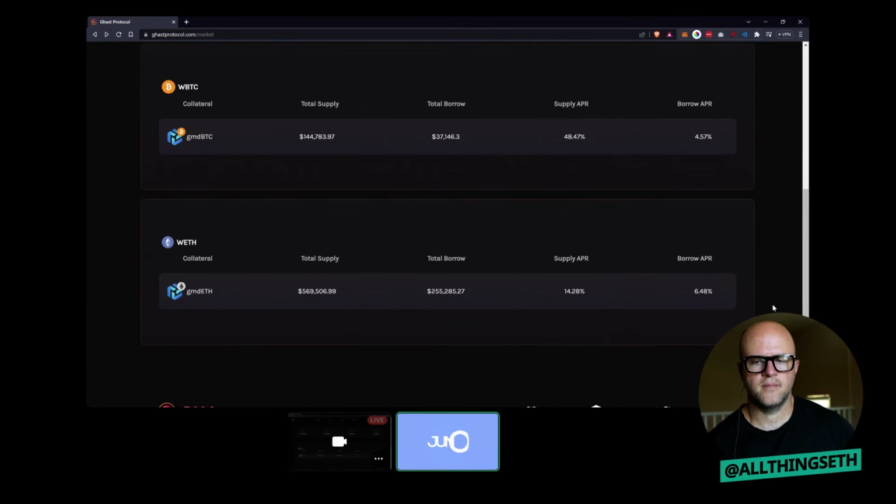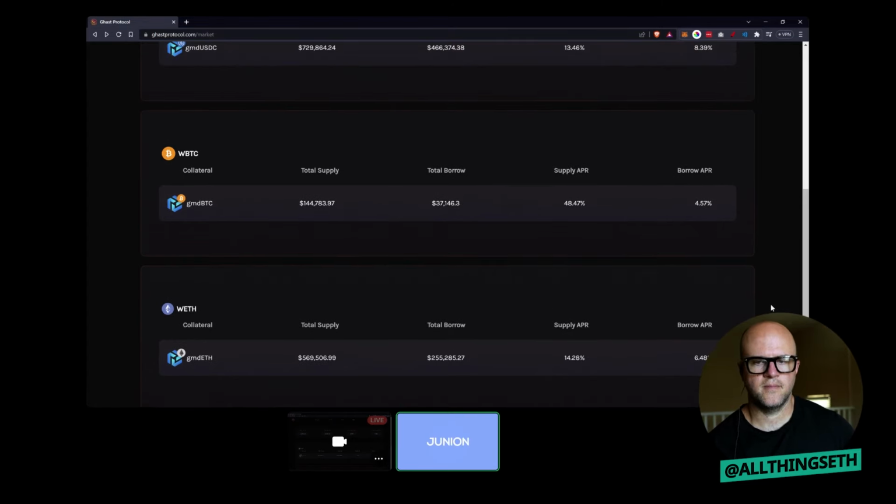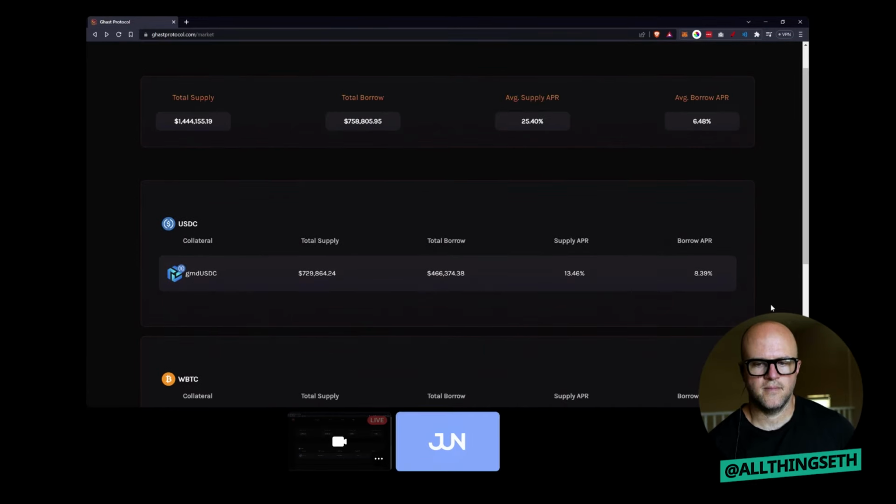So if you borrow it at 6%, you're still making money. Anywhere there's profitable opportunities, anywhere you see positive yields greater than the borrow APR, you don't have to sell your GMD tokens. You can just borrow against them, and it unlocks that capital.